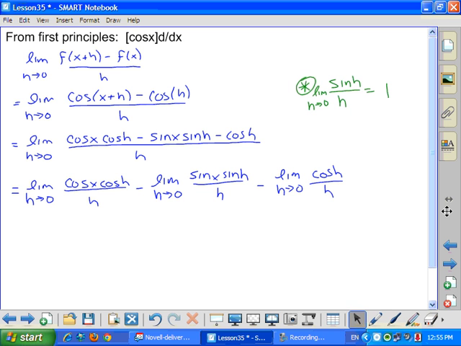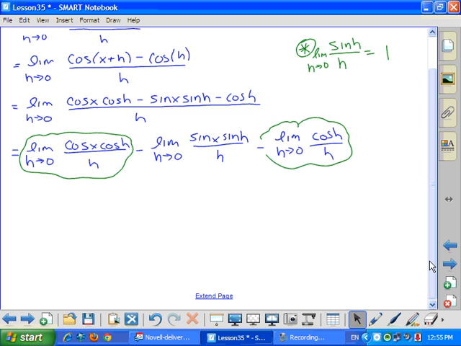Now, I noticed that this limit and this limit have a common factor of cos h. So I am going to group those together and factor it out. So the limit as h approaches 0 for cos h, and I'll have cos x minus 1 left in the numerator there, and that's all divided by h.